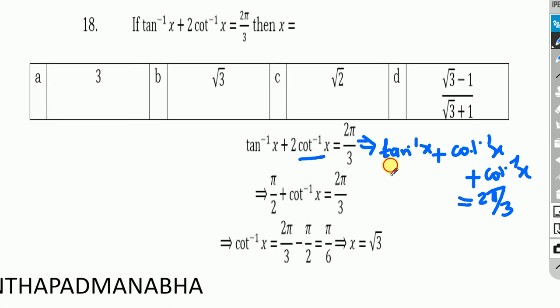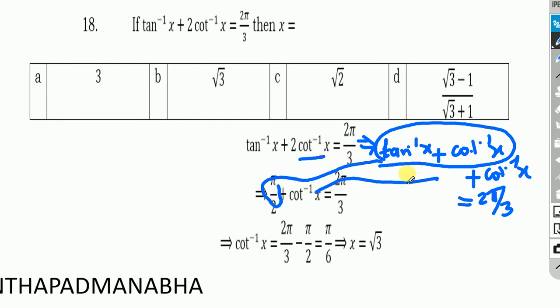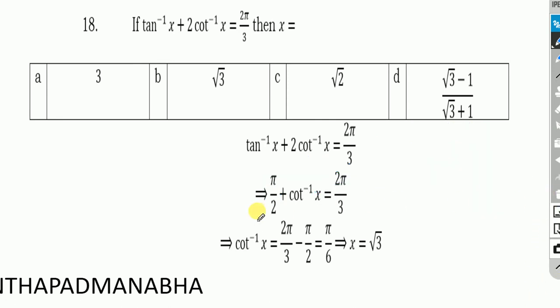But tan inverse of x plus cot inverse of x is nothing but pi by 2. So we will write this as pi by 2 plus cot inverse x, which is equal to 2 pi by 3. Therefore cot inverse x is equal to 2 pi by 3 minus pi by 2.